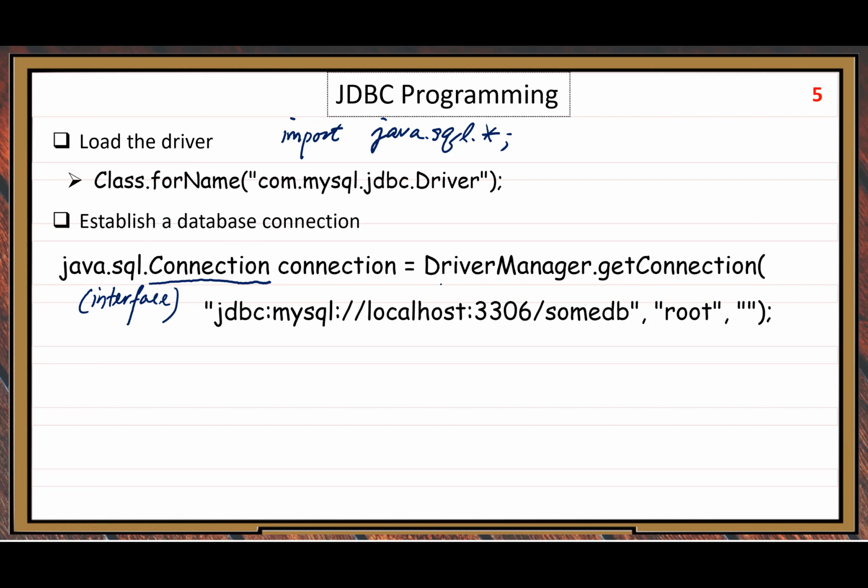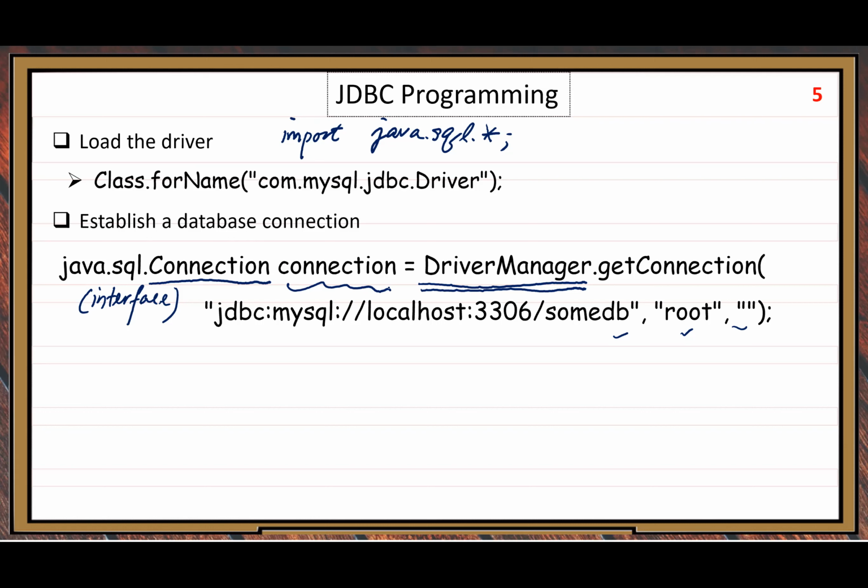We use another class called DriverManager, dot getConnection method, then URL, username, password, which we collected from the previous slide. After this line, you have a connection object ready for database queries. That's step number 2.